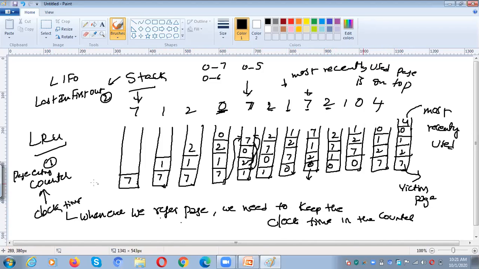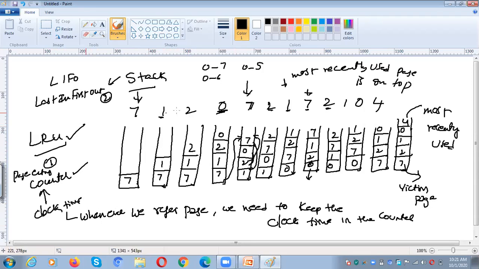So whenever there is a need to run the LRU, you need to check that particular counter. Which page? 7th page, at what time we referred? First page, at what time? Second page, when we have referred. For each and every page there is a counter variable. So we need to maintain counter clock values. So that is one technique, and the second technique is stack.